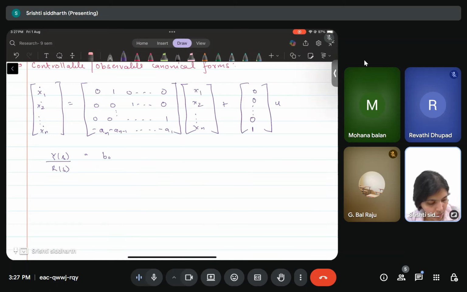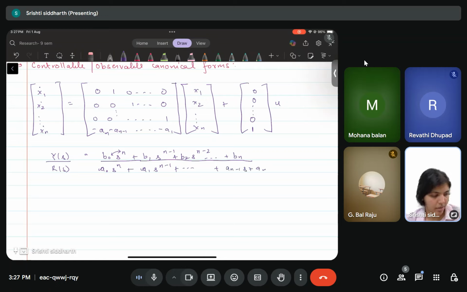So it's b0 s to the power n plus b1 s to the power n minus 1 plus b2 s to the power n minus 2 plus bn, over a0 s to the power n plus a1 s to the power n minus 1 and so on till an minus 1 s plus an.